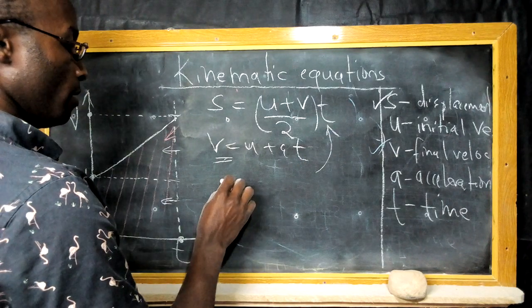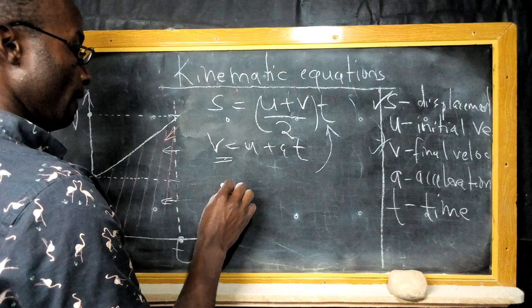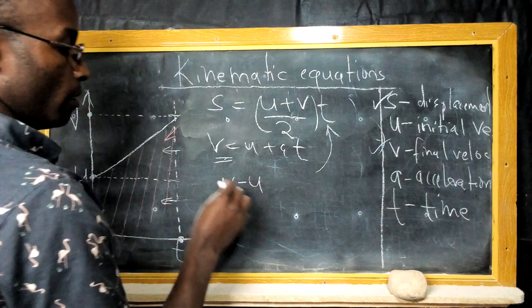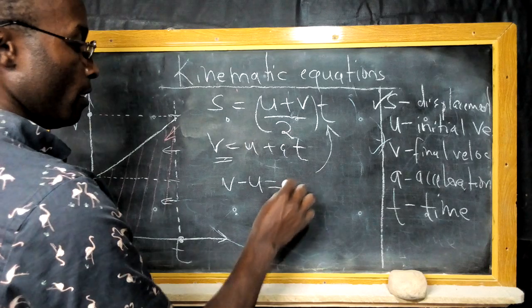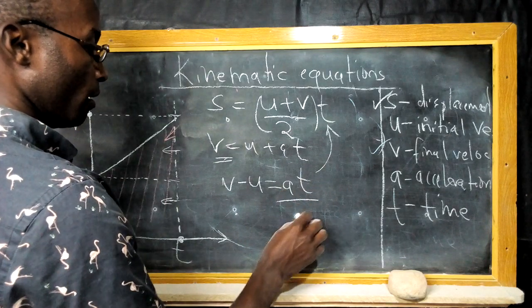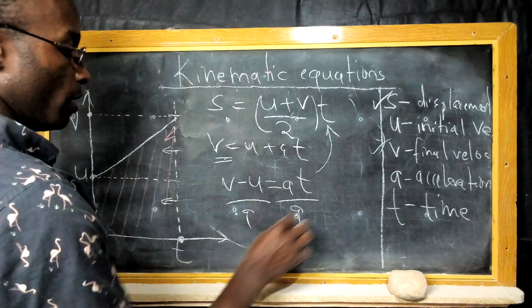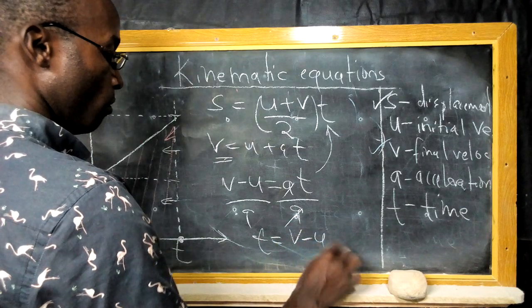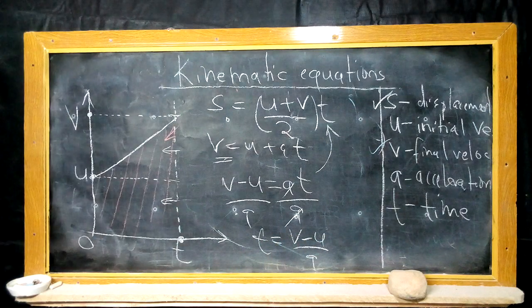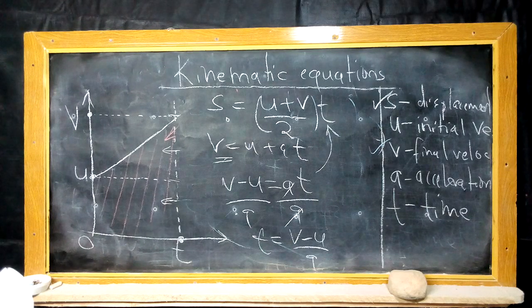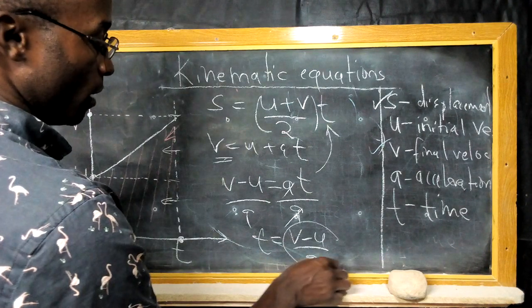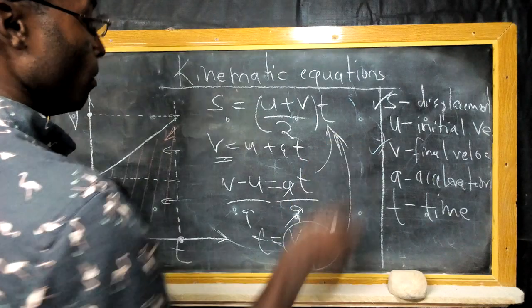So we can say that this is v minus u. We have just changed that one from the other side. It equals at. So making t the subject of the formula, we shall have t is equal to v minus u over a. In that case, we are going to substitute this value for t at this particular point.